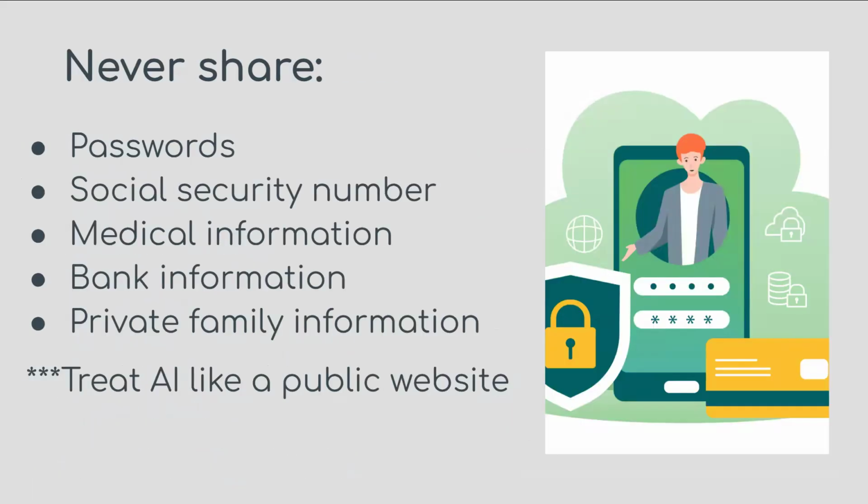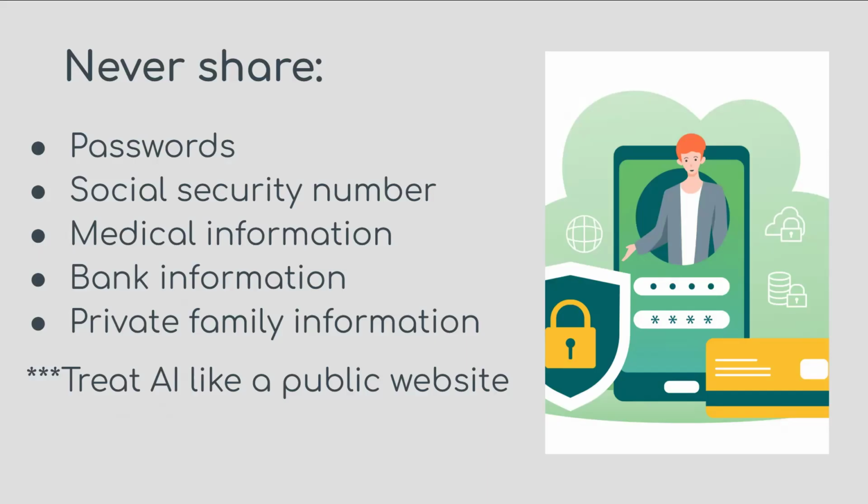Now, as you are creating your inputs, those directions, those questions that you're asking AI, there are some things you're going to want to consider. Never share your personal passwords with artificial intelligence. Never share personal information, and that includes your social security number, any medical information, such as a diagnosis.